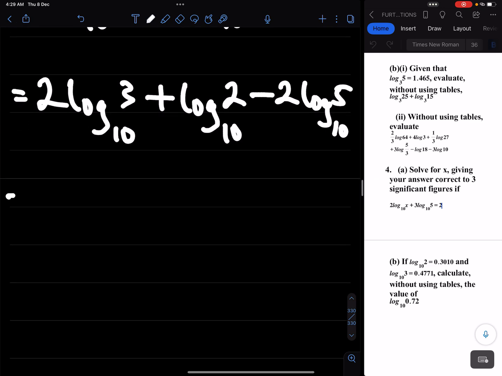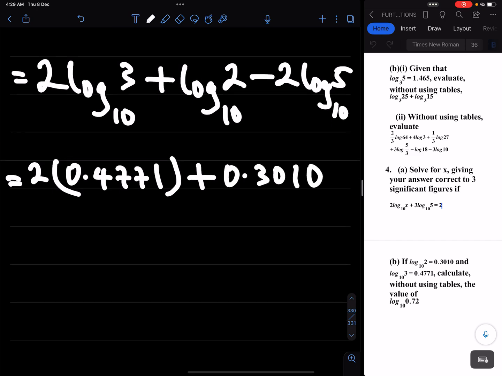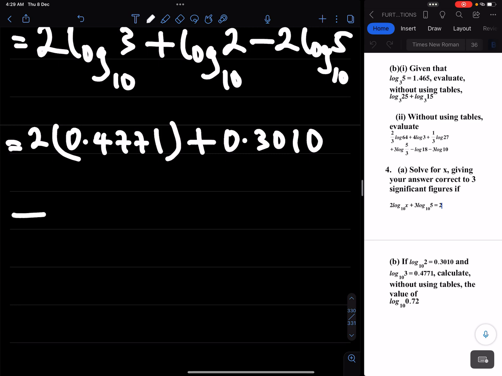And that's going to be, log 3 base 10 is 0.4771, so that's 2 times 0.4771 plus log 2 base 10 is 0.3010 minus, we don't have log 5 base 10 unfortunately, so I'm just going to leave that as it is, 2 log 5 base 10.